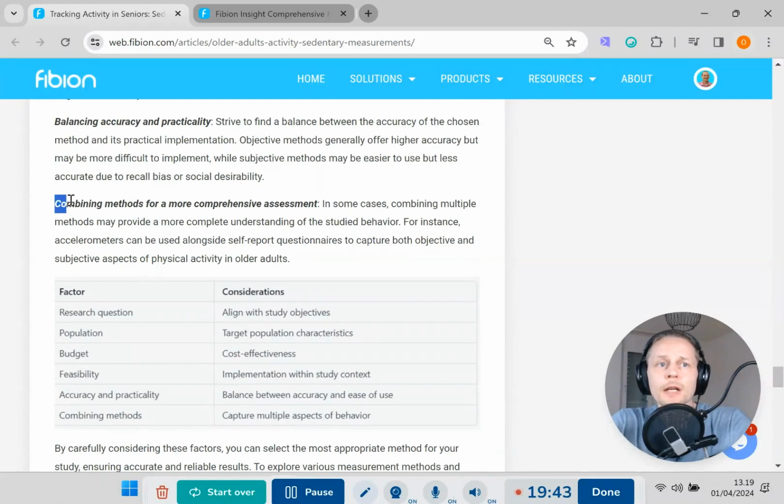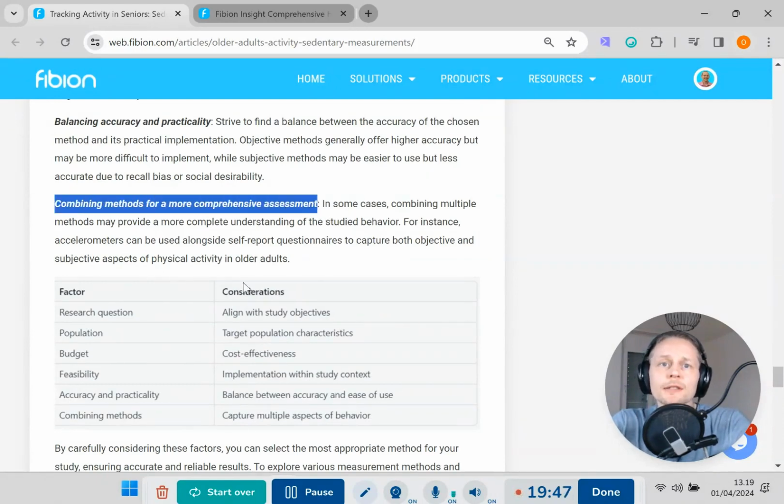And it's also important to consider combining methods for a comprehensive assessment. Like I said, subjective methods will give information about the perception, context, and so on, while the device-based is giving better information on the quantified aspects of the activity, like intensity, volume, timing, frequency, and so on.